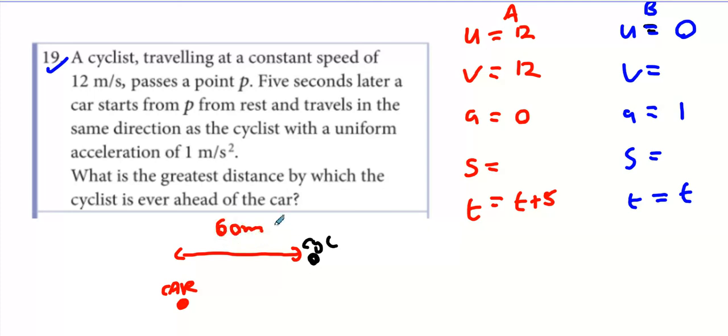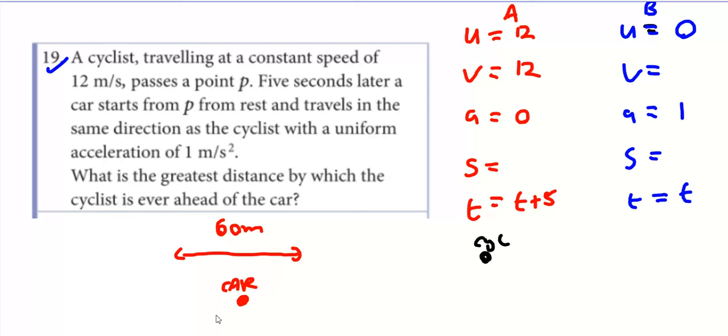60 meter head start. After that happens, who's gaining the lead for the first while? The car's not moving really, is it? So the cyclist continues to stretch its lead while the car only moves a small amount. Makes sense? At what point does the car start to catch the cyclist? Or at what point does the cyclist no longer extend its lead?